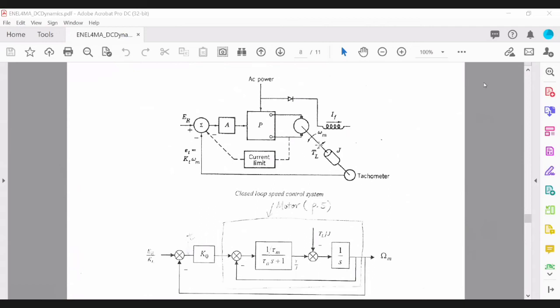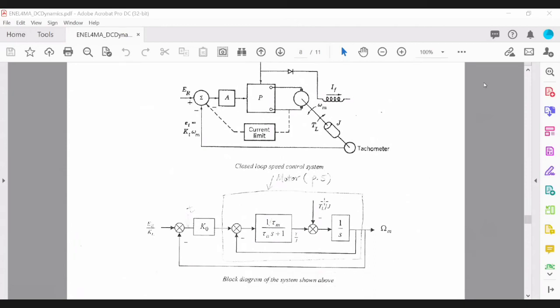From the output of your DC motor, which is generating your electrical torque, TL is your load torque and omega m is the speed of your motor. IF is your field current, this block here represents the motor transfer function, and this block A is the gain of the amplifier in the control system.